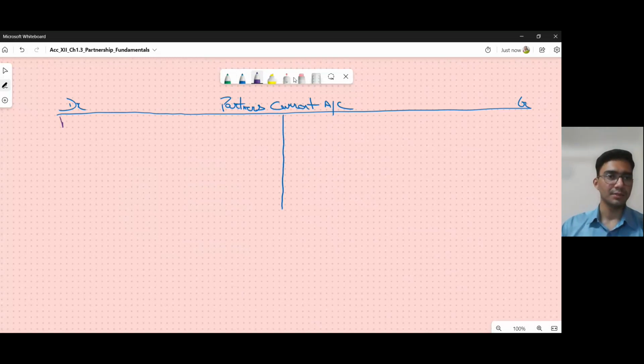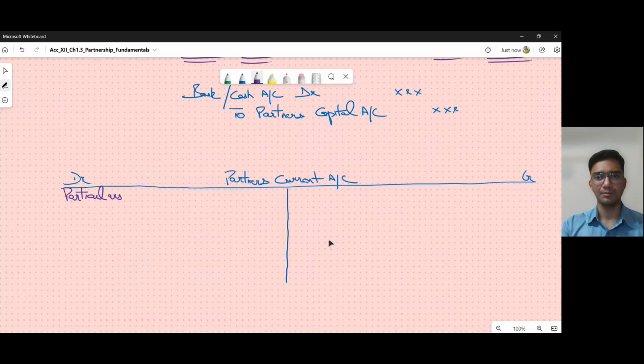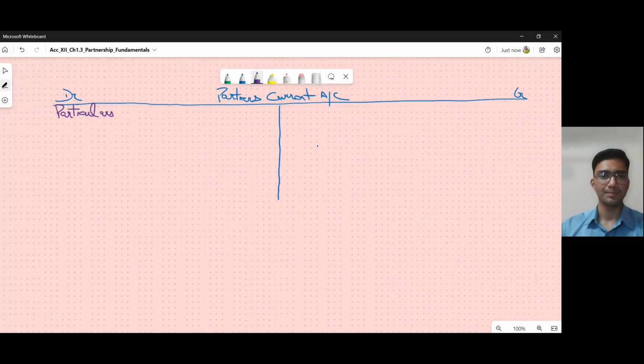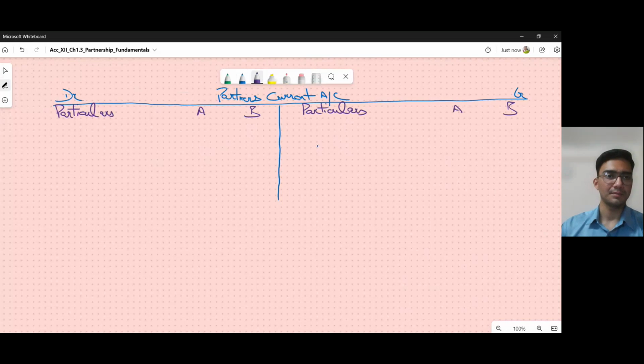We write the headings, particulars, and the two partners that we are taking as an example. Suppose we are taking A and B, or X and Y. Let's see once more, we are taking A and B. So let's continue with the same. Again, on the credit side, particulars, A and B.